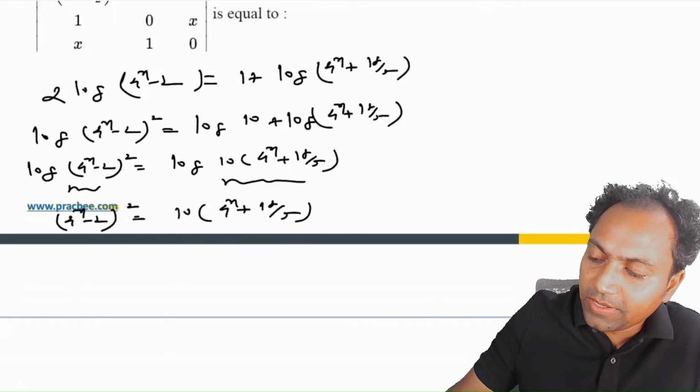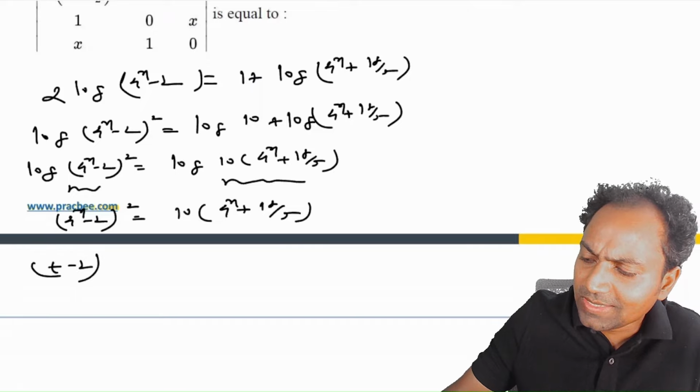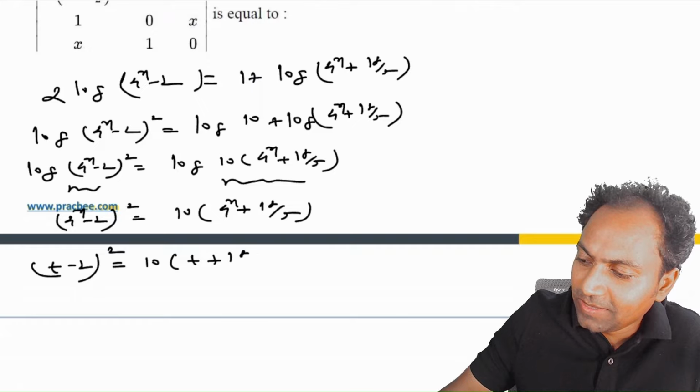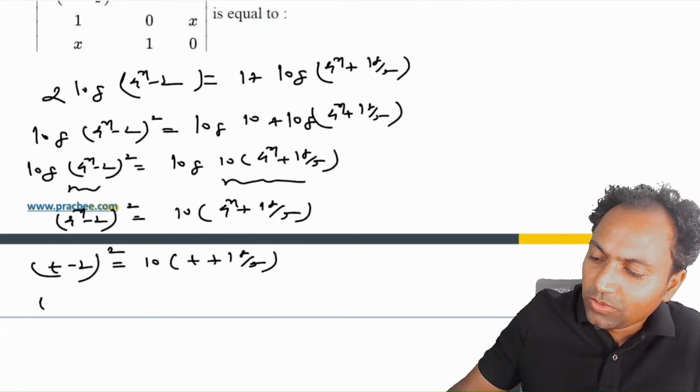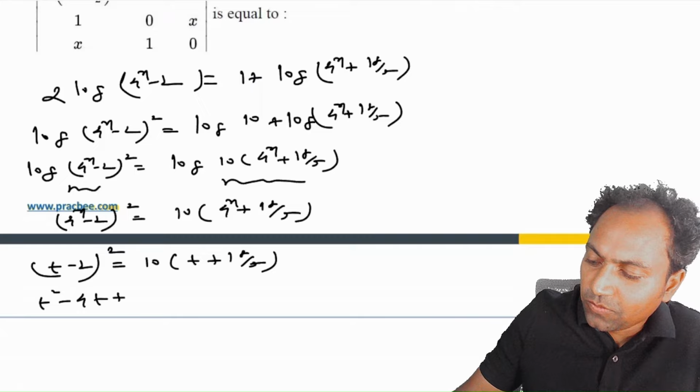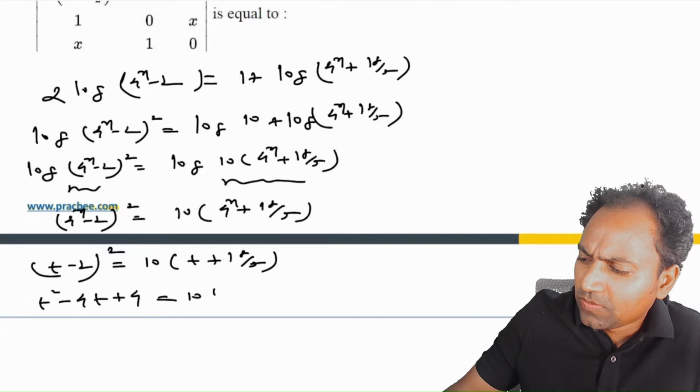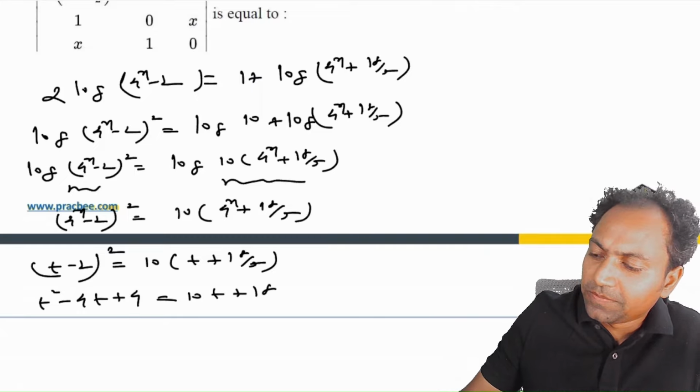And from here, it becomes a quadratic equation in 4 raised to the power x. Now I am writing 4 raised to the power x as t, so it becomes 10 times (t plus 18 by 5). And if you do this, t square minus 4t plus 4 is equal to 10t plus 18.